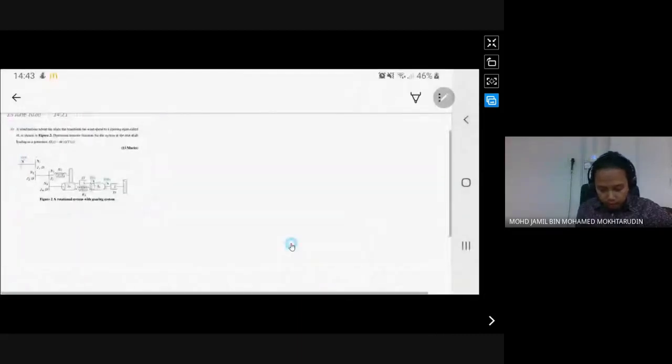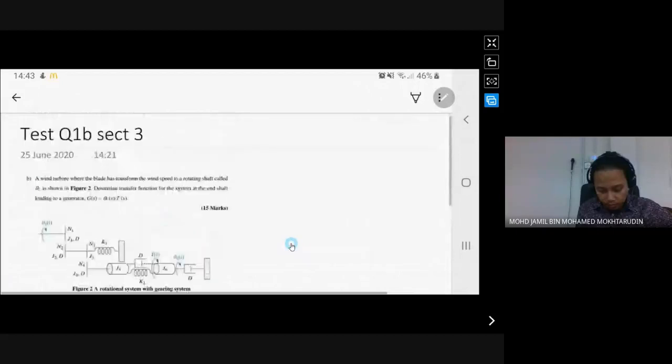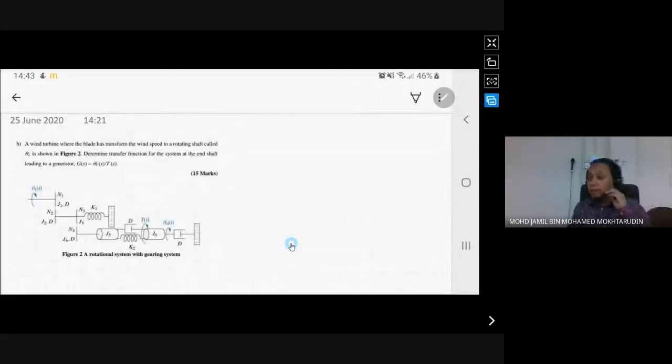All right, so question 1B. A wind turbine where the blade has transformed the wind speed to a rotating shaft called theta 1 is shown in figure 2.